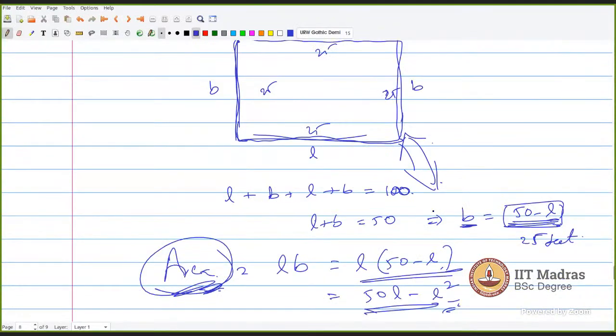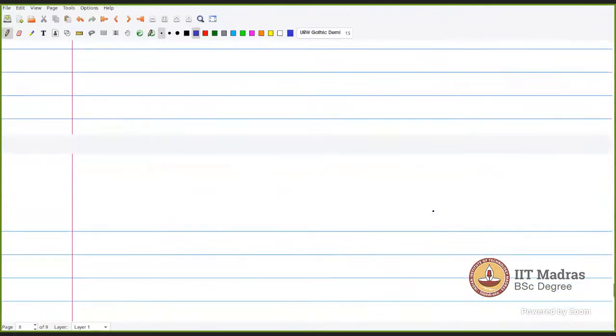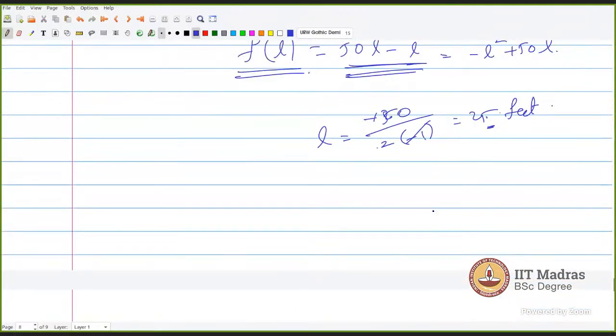Sir, I have a little confusion about decreasing and increasing. From minus infinity to minus 2, you said this is decreasing. But minus 2 is a little more than minus 500, so this seems like increasing.